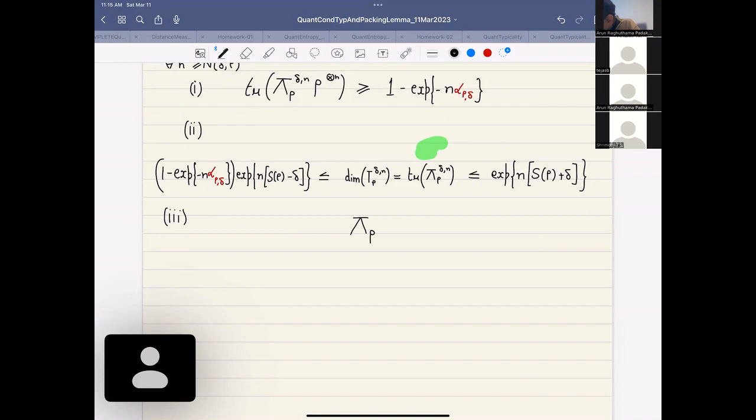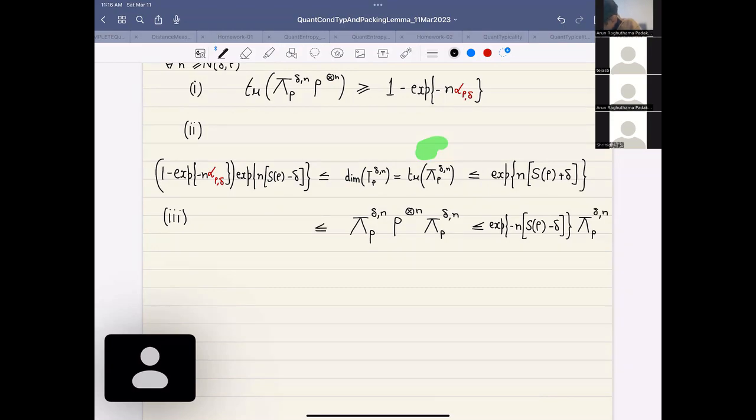Pi rho delta n, two operators commuting is a very strong thing. So these actually commute because, I'll show you that. So this thing is upper bounded by exp minus n times S of rho minus delta, because I have a minus sign, times pi rho delta n.